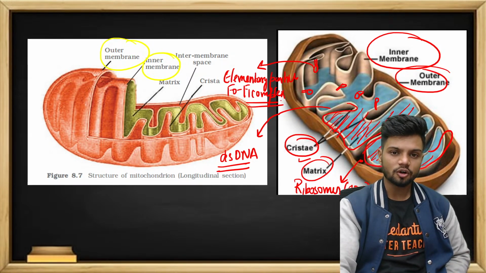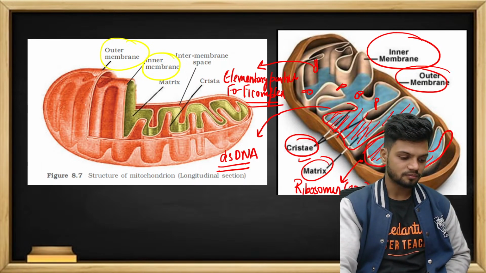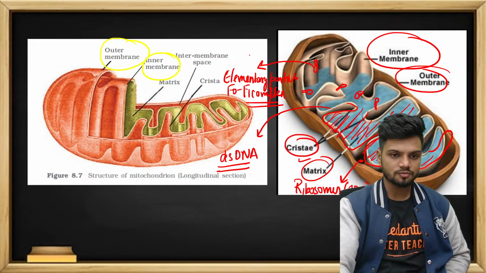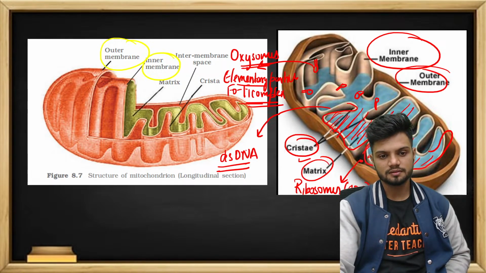F0 F1 complex will be present in the cristae. F0 F1 complex particles are also called oxysomes, or elementary particles, or F0 F1 complex. It is found in the entire mitochondria.